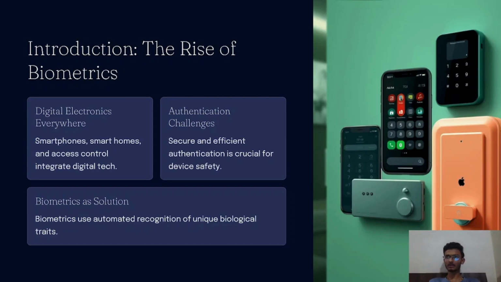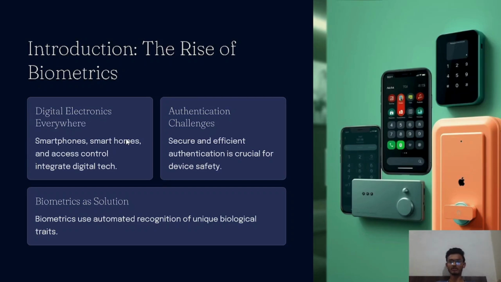The first example is opening your mobile phone. If your mobile phone has face recognition and a fingerprint sensor, it is also considered a biometric security system. Digital electronics is everywhere, in smartphones and smart homes.